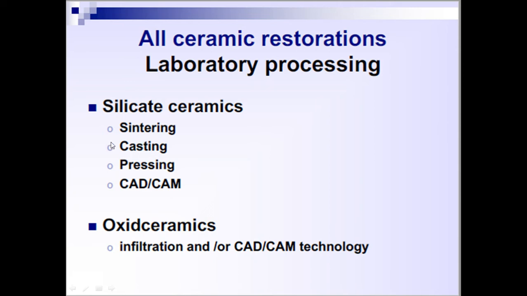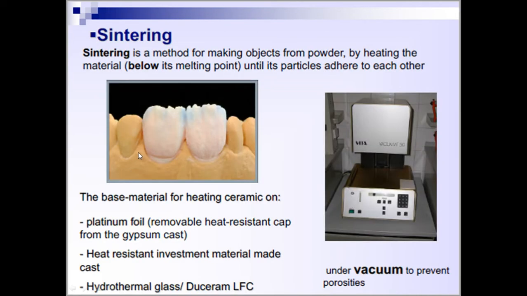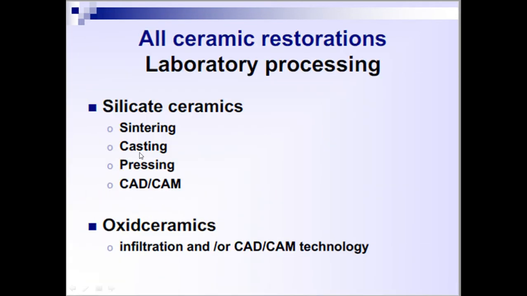So how do we classify these ceramics according to processing procedures? The main processing procedure is sintering, the next one being casting, next one being pressing, and the other thing is CAD-CAM, that is computer aided designing and computer aided milling.